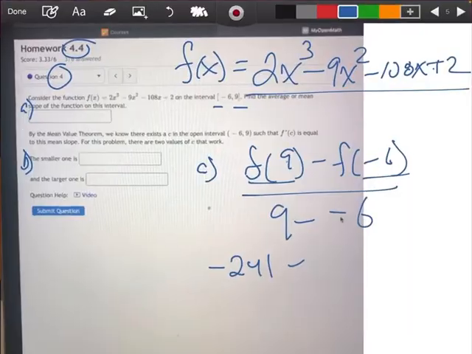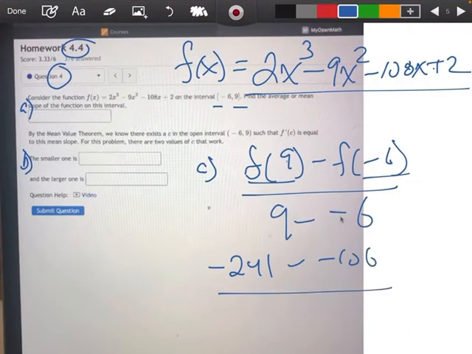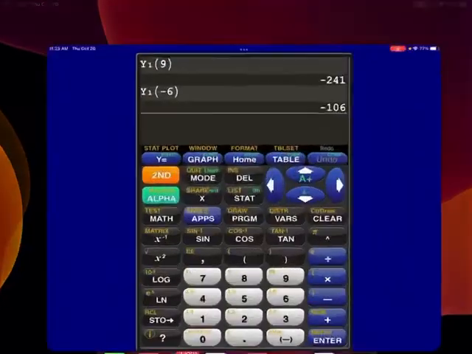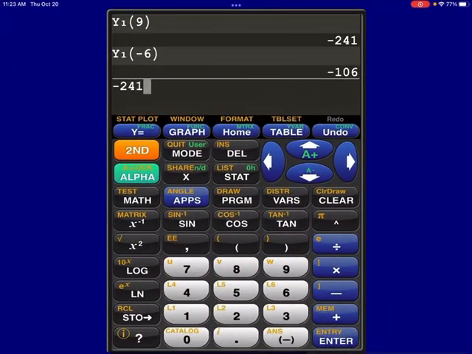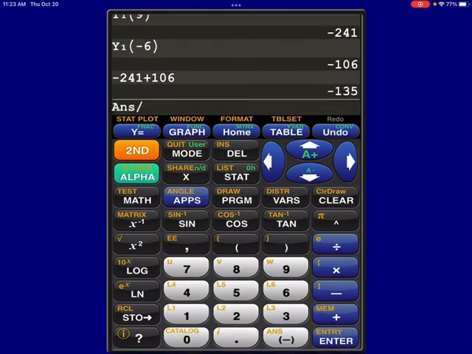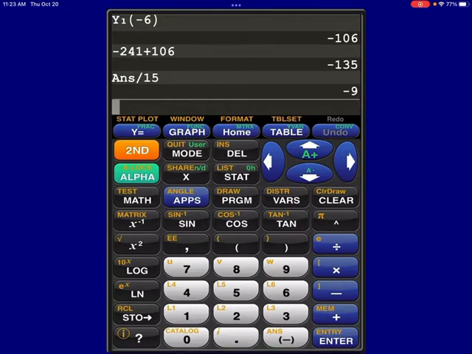And on the bottom, minus and minus is going to give me plus. That's going to be a 15. So let's go ahead and fix this. That's also plus. So negative 241 plus 106, that divided by 15 is negative 9. So this here is equal to negative 9.